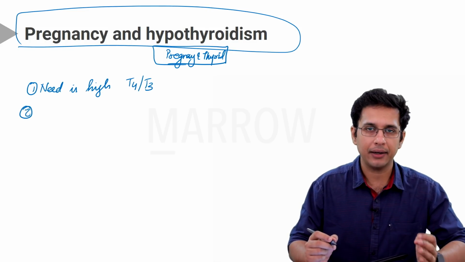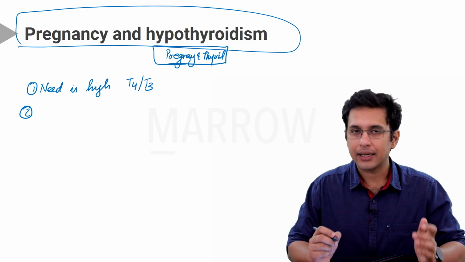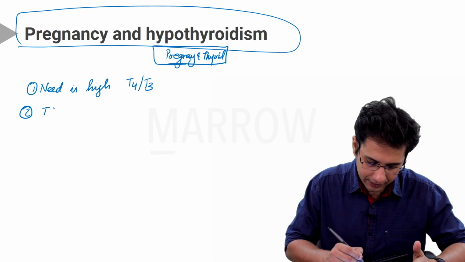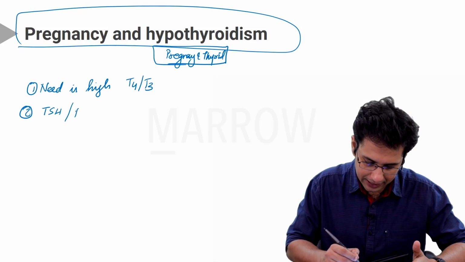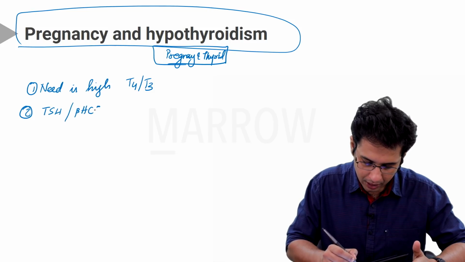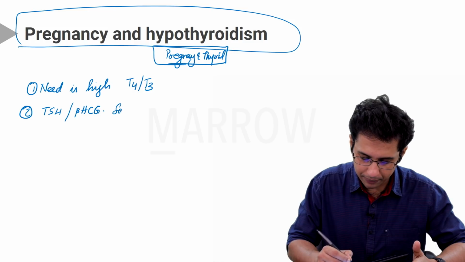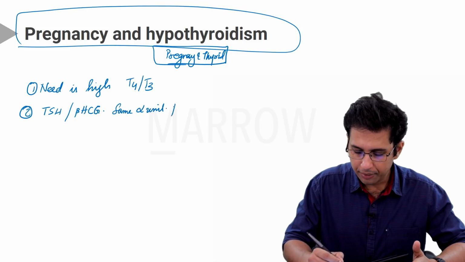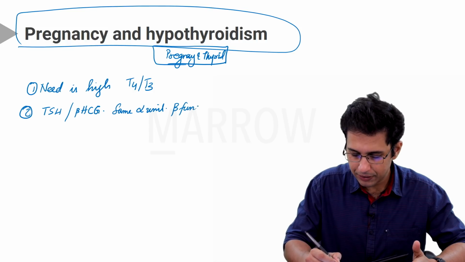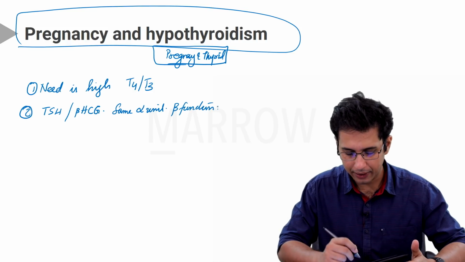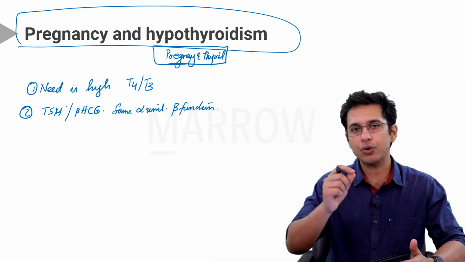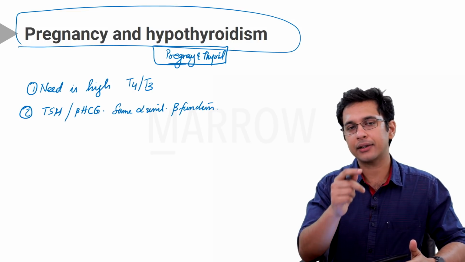Okay. Second, these are very discrete points. Second, it's a funny thing, TSH and beta HCG. Both of them have the same alpha unit. Both of their beta subunits overlap a bit. What will happen is that, in simple terms, beta HCG can also go to the TSH receptor and act there.